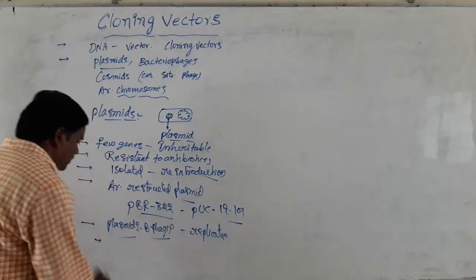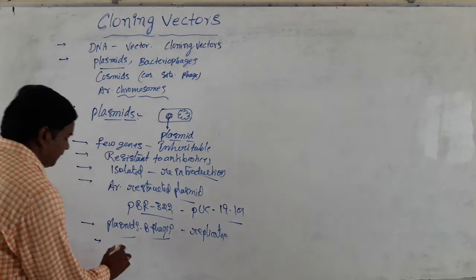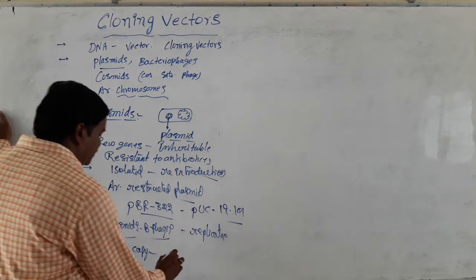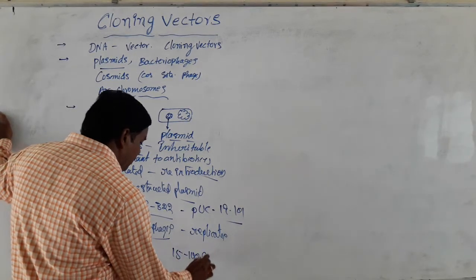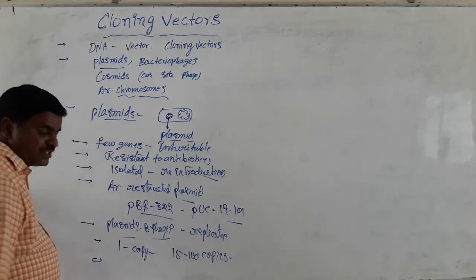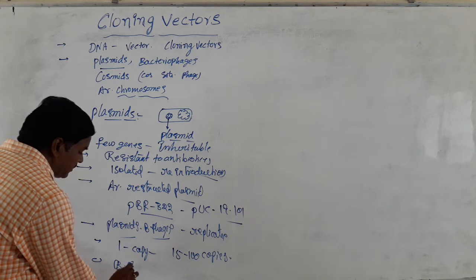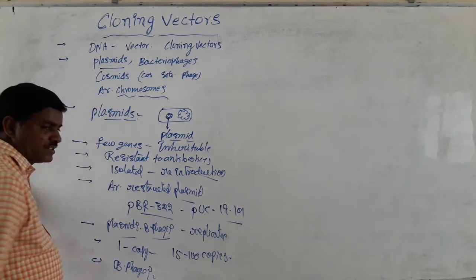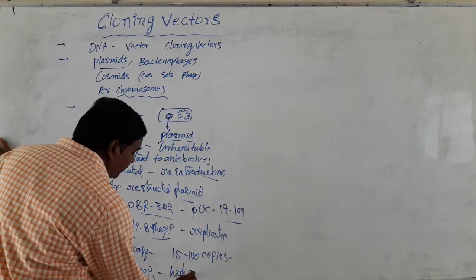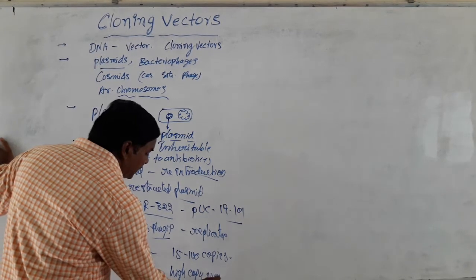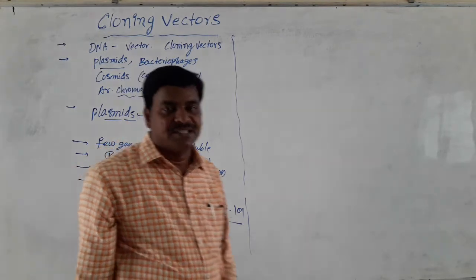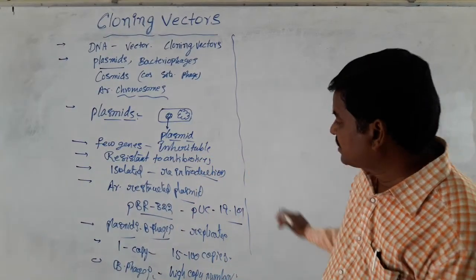Particularly, in some plasmids one copy is present, but in some, 15 to 100 copies may be present in the cells. When compared to plasmids, bacteriophages are very small in size, so they produce a high copy number inside the host because of their very small size.